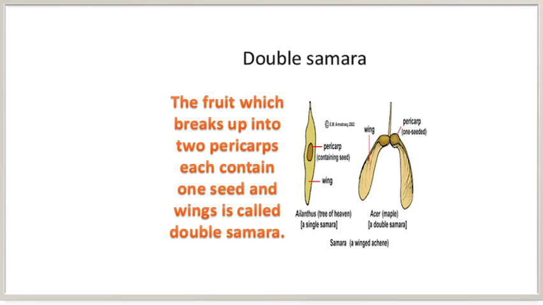So here we have a simple definition: a simple fruit which breaks up into two carps. Here we have one carp, and here we have the other carp, and one carp possesses wing and the other carp possesses pericarp. So due to this division of the fruit into two pericarps, we call it simply double samara.